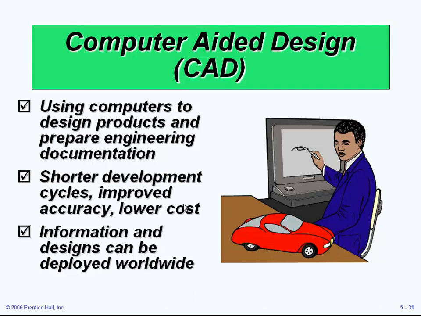Information and designs can be deployed worldwide, where now you can share these designs through the internet or through any kind of communication tool with people across the world, sharing with them your design and actually improving on the design.